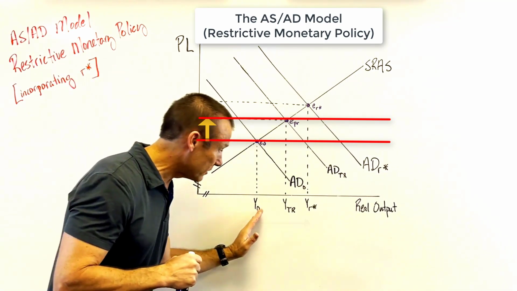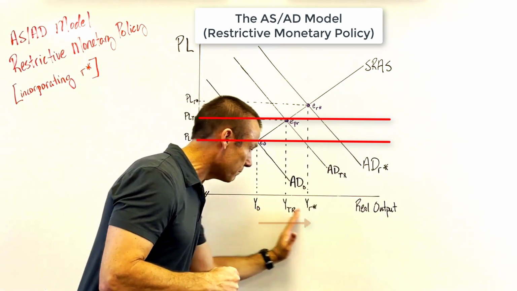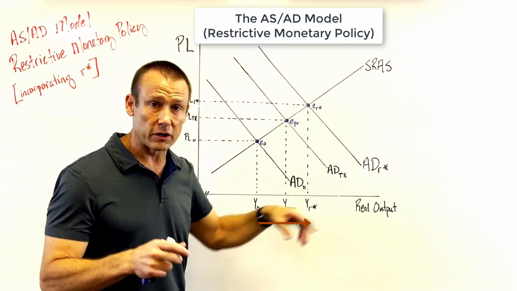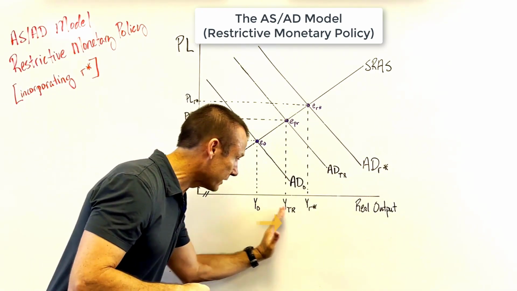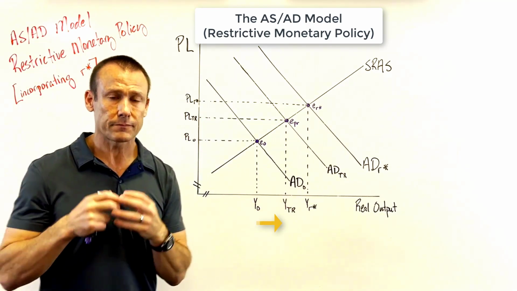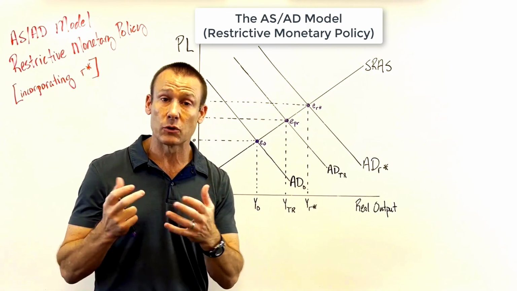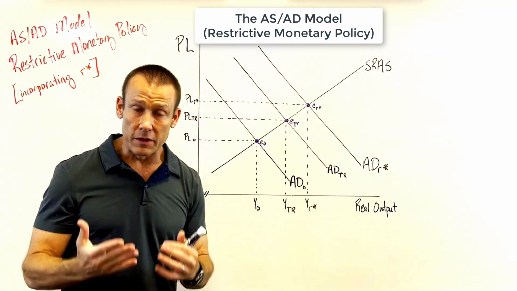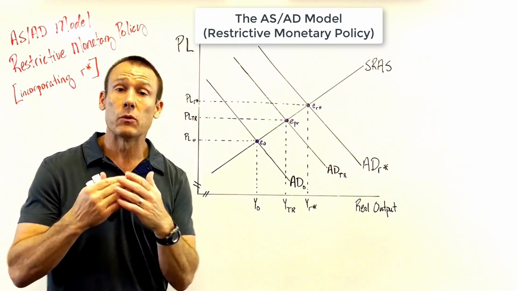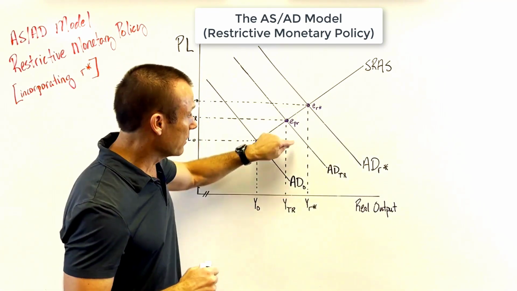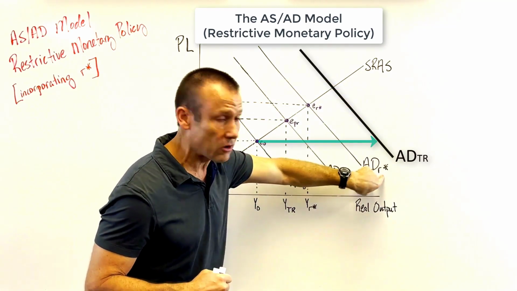On top of that, you can see the restraint in growth. If we go with the R star, that lower interest rate, we would get more growth. But if we go with our targeted rate, which again is a restrictive rate because it's above that R star, you're going to get less growth. Now, of course, if you wanted to show accommodative or expansionary monetary policy, that'd be when the Fed would have a targeted rate lower than the R star, and we would draw this AD curve off to the right of the AD R star.